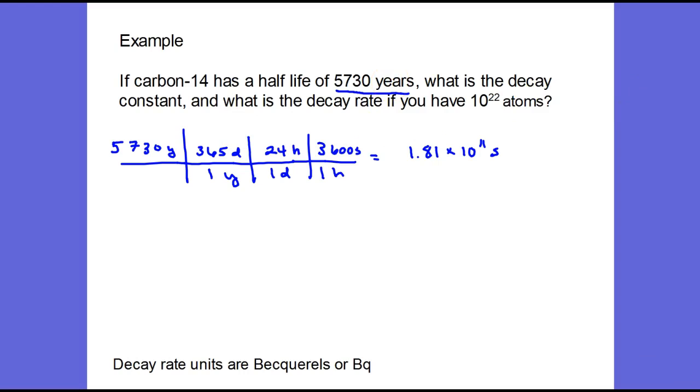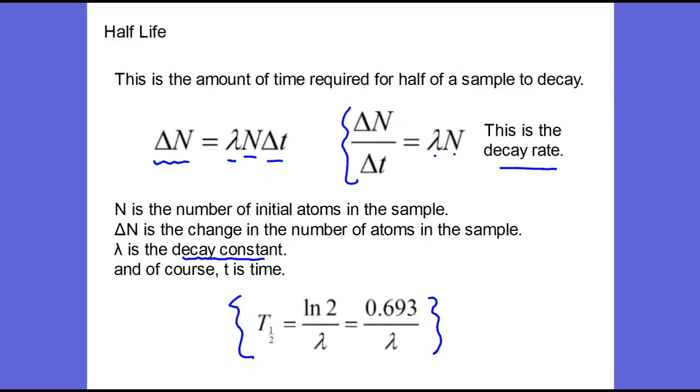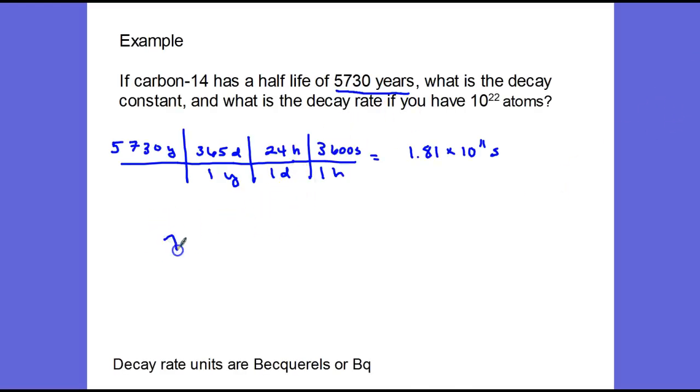Okay, so let's go back and look at the equations that we had. We have the half-life in seconds, and it's 0.693 divided by the decay constant. So the decay constant would be 0.693 divided by the half-life.